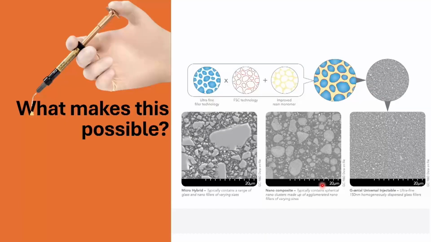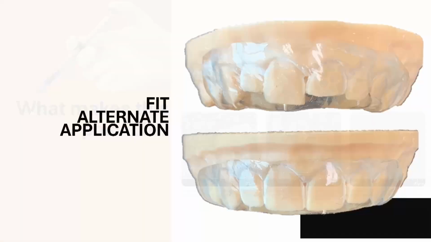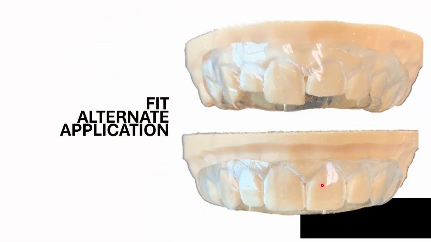Our own injectable composite kit comes with Genial, a beautiful chameleon-like composite which flows beautifully, and we're able then to use it to create stents for a final restorative design, which are then injected into.